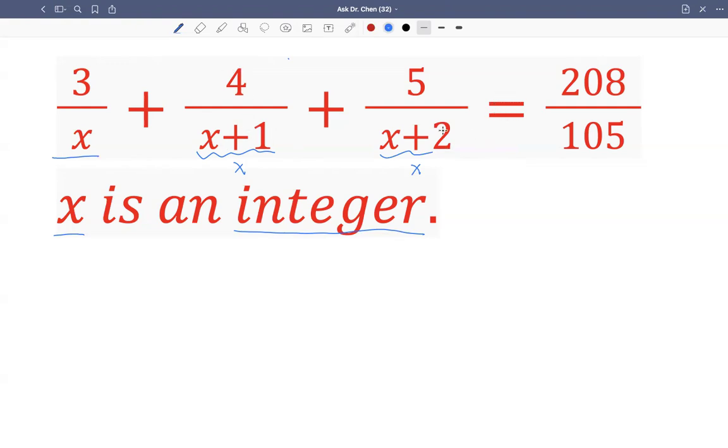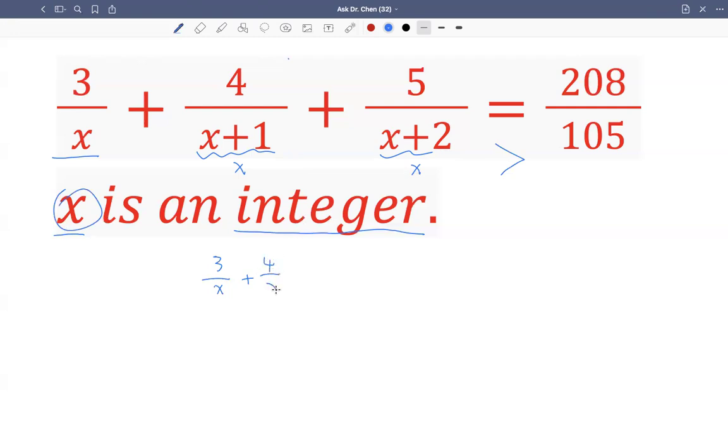Same thing for 5 over x plus 2 and 5 over x. So this now becomes greater than, because I have reduced the denominator. What I mean is I want to approximate x, because x is an integer.